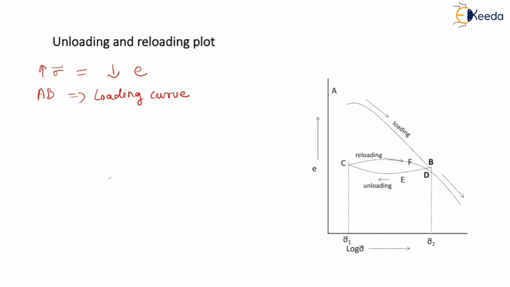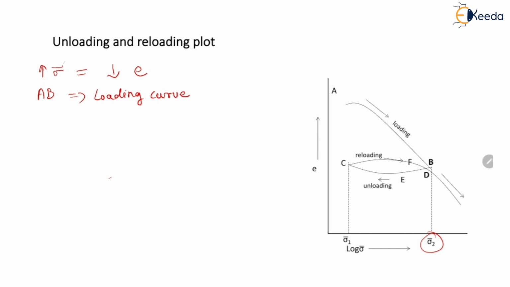So when the load is increased up to maximum allowable load, then we stop loading the soil. Here point B represents the point with maximum allowable pressure sigma 2 bar.